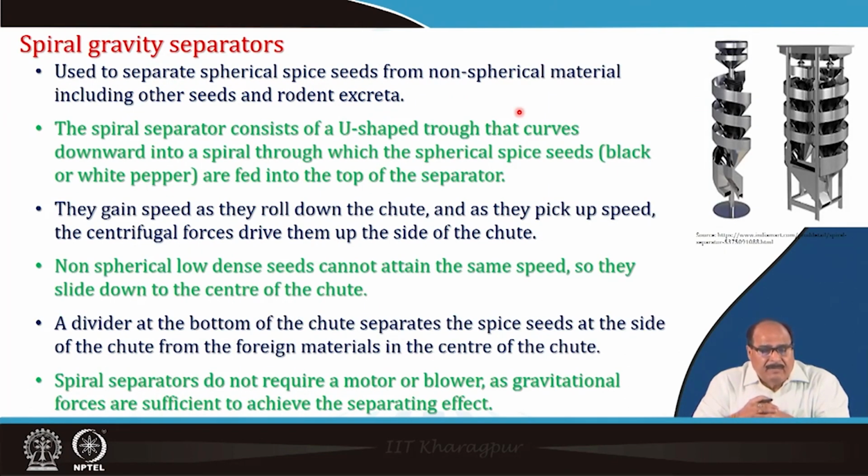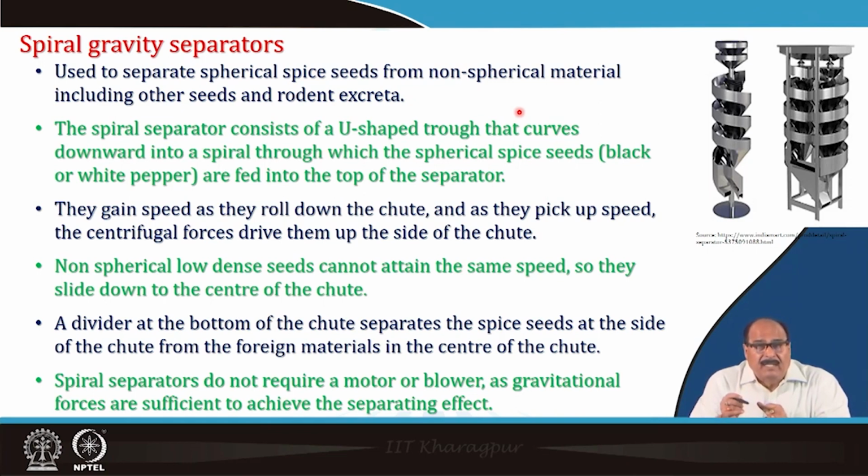Then spiral gravity separators are the other types of important equipment. These are used to separate spherical spice seeds from non-spherical materials, including other seeds and rodent excreta.